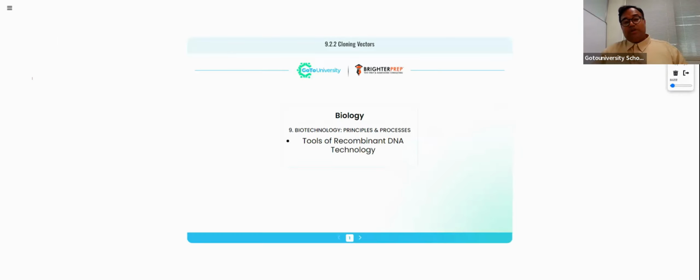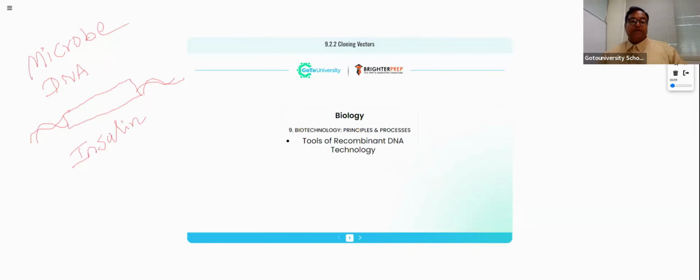They use one particular microbe DNA, into which we are introducing the foreign gene. For example, this gene is an insulin gene. So I introduce this insulin gene into the microbial DNA by using which particular enzyme?